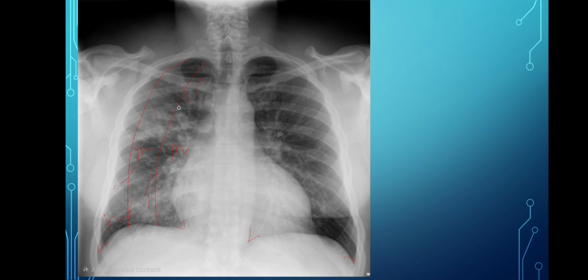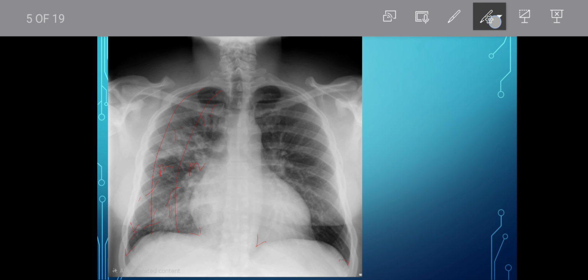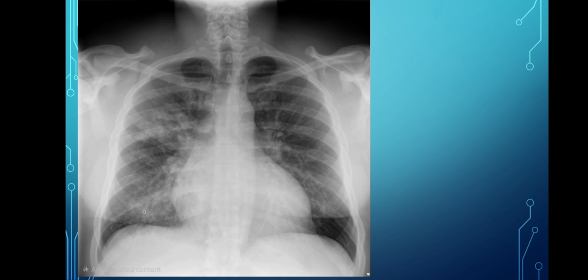In the apex there are increased bronchovascular markings on the right side, and there is a heterogeneous white opacity in the right lower zone and also the middle and upper zones.